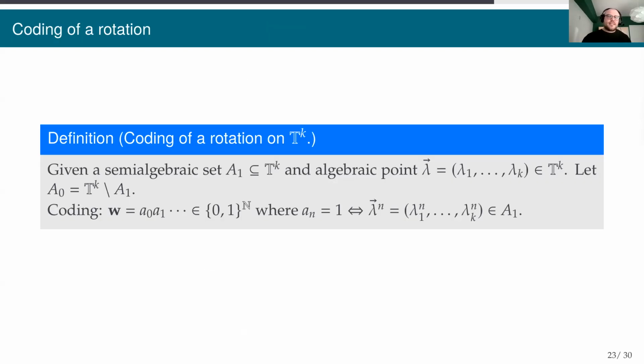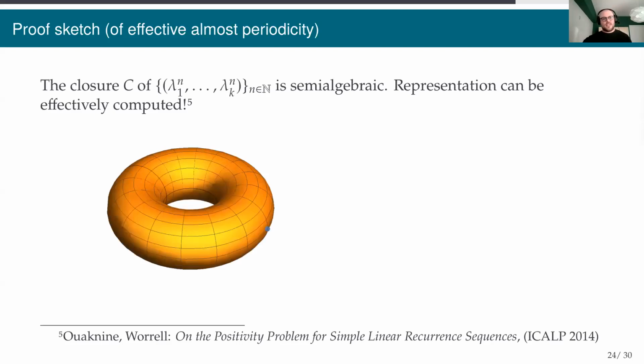Okay, so why is this effectively almost periodic? First of all, let's just have a look at the picture of what's happening. So this is a 2D torus, and I'm looking at points mapped by just this dynamical system. You can see that you're building up some sort of a set on this torus. And finally, I'm adding now this target set A1.